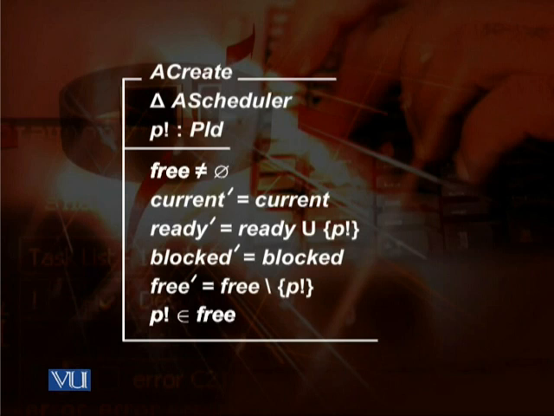The ready now has this new process that has just come, which will be assigned a new PID. Blocked remains the same, doesn't change. Free has this P taken out of the free set, and the new free is the old free minus this element P that is assigned, and this P that has been assigned should be a member of the free set.